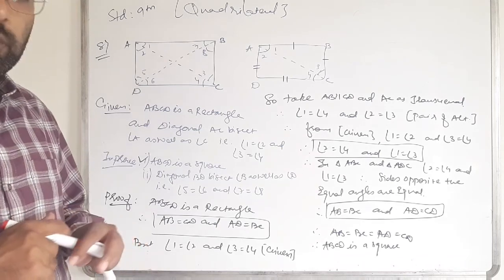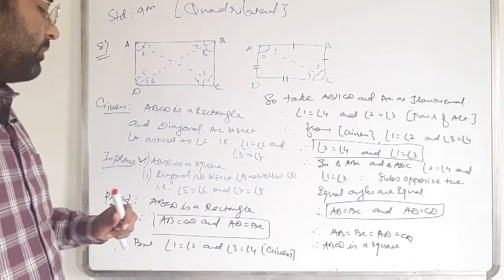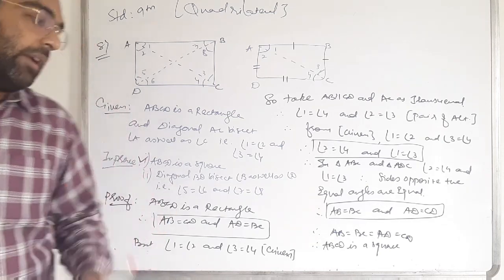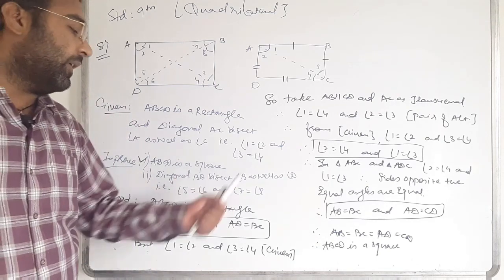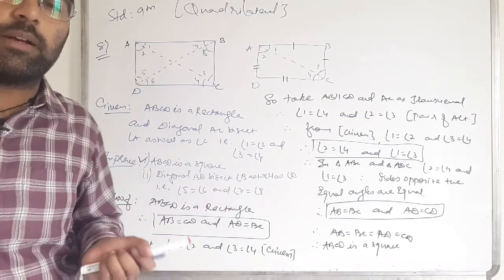Clear that? So first of all note down this part. After that we have to move to the second part, that is diagonal BD bisects angle B as well as angle D. Okay, please note down this fast.